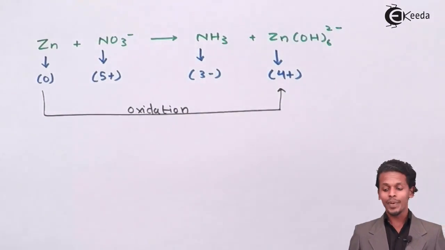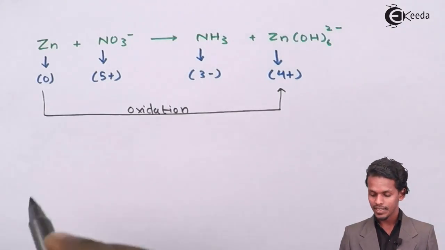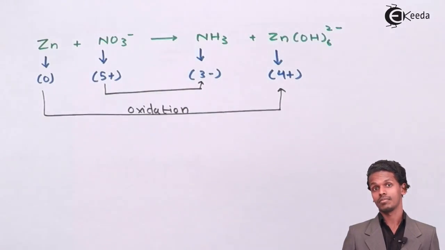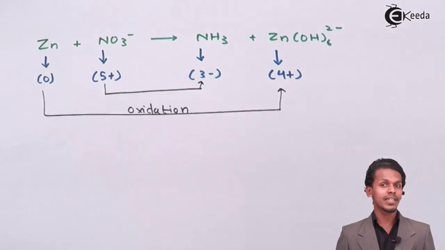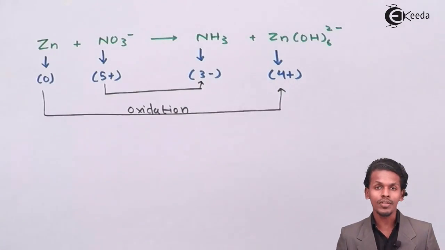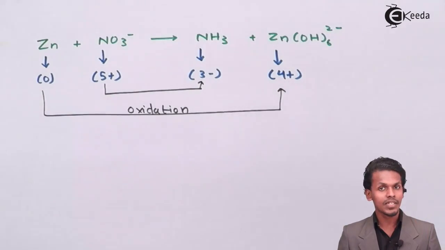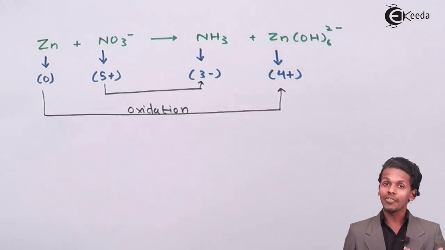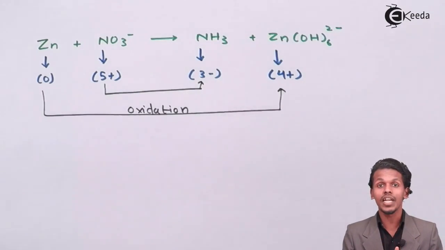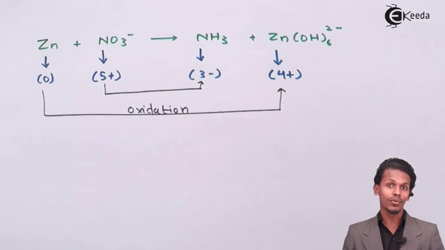Now I will compare the oxidation number of nitrogen. In this case, it is changing from +5 to -3. +5 to -3 means, first of all, it will gain electrons to convert into zero oxidation state, and after that it will gain more electrons to convert into an oxidation state going towards the negative value.